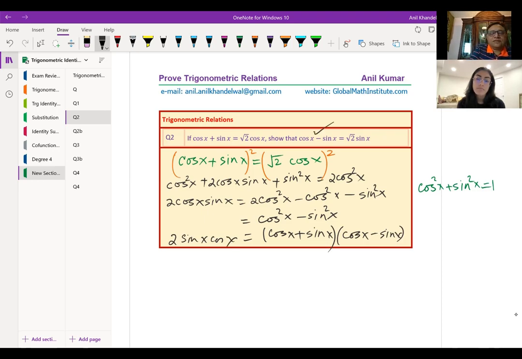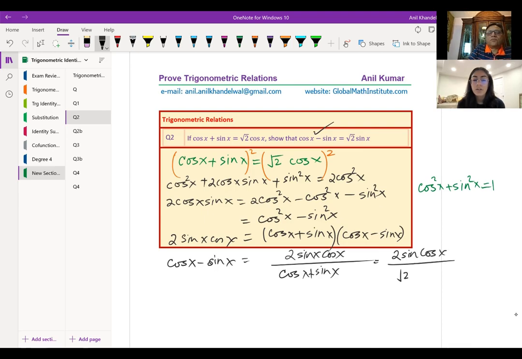So what is cos x minus sine x equal to? 2 sine x cos x over cos x plus sine x, and the denominator is given to us as root 2 cos x.